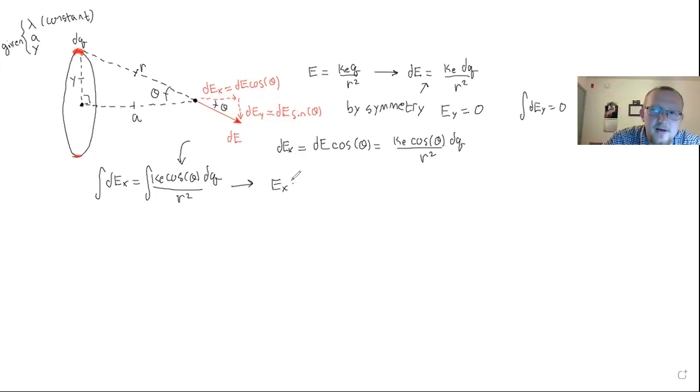So now we have E sub x, the electric field in the x direction at our point of interest, is equal to the integral of Coulomb's constant cosine theta with respect to q and then divided by r squared.